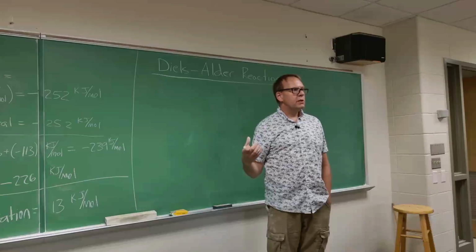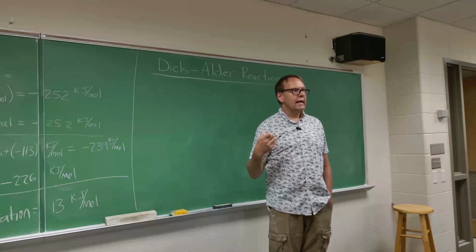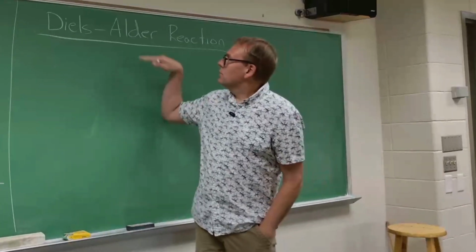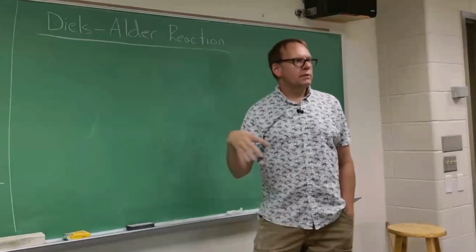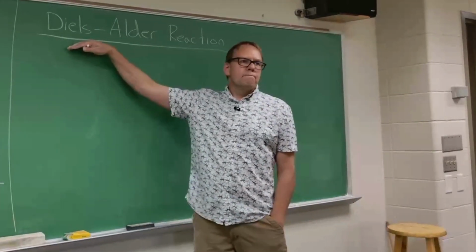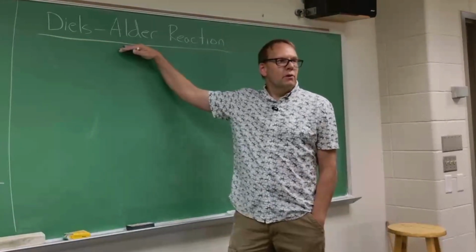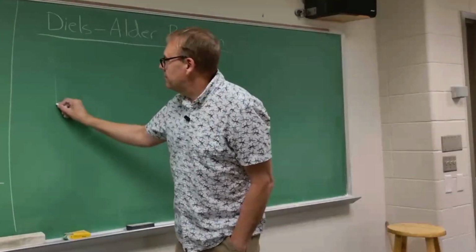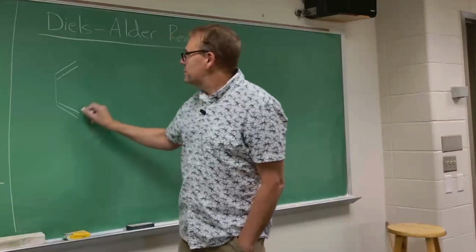It's a reaction between two species, one called a diene and one called a dienophile. And the two chemists were Kurt Alder and Otto Diels. Otto Diels was the primary investigator, I guess, and Kurt Alder, I think, was his student. And so this is a reaction that is so powerful they decided to give the Nobel Prize for it because it does a lot of work.